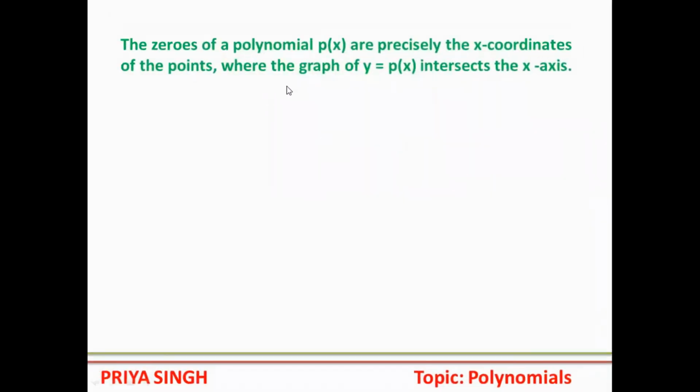So first of all, let us analyze the pointers we have studied till now, then we'll go for the cases. The first point is the zeros of polynomial p of x are precisely the x coordinates of the points where the graph y is equal to p of x intersects the x-axis. As I already explained, wherever the graph cuts the x-axis, that point's x coordinate is considered as the zero value.